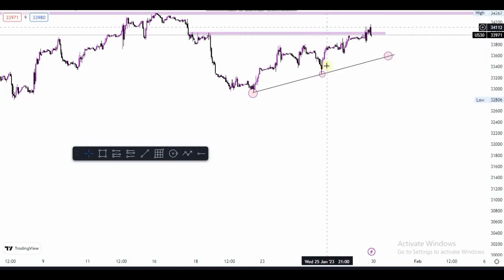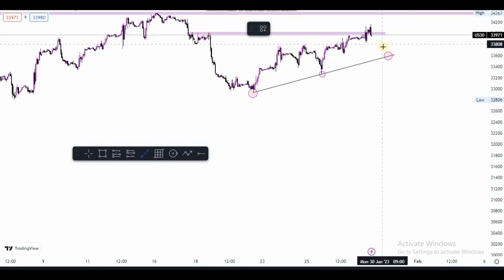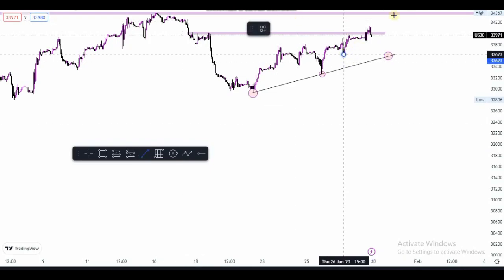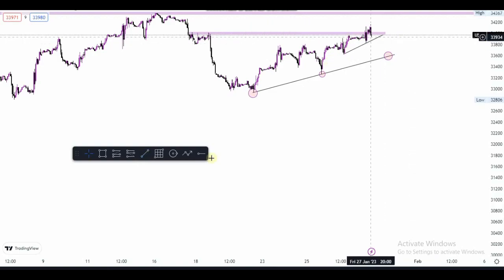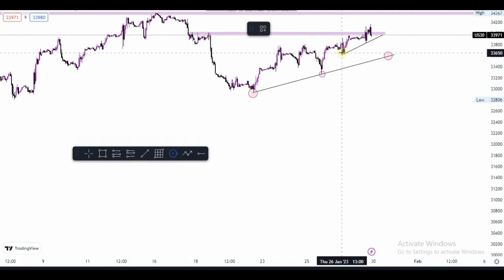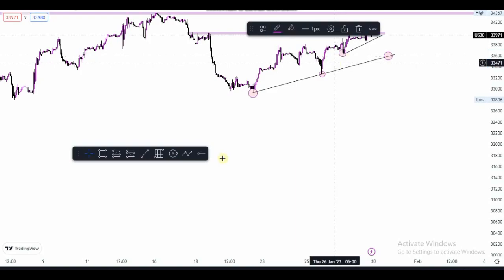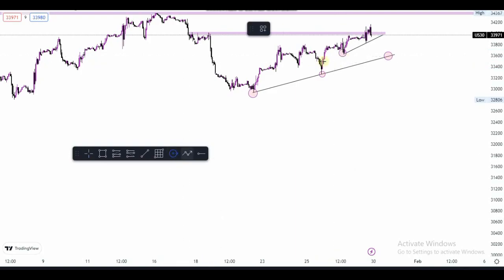And also market structure is showing me that over here we have another zone, another structure, which is over here, and then this is our first touch right here, and then this is our second touch right there.